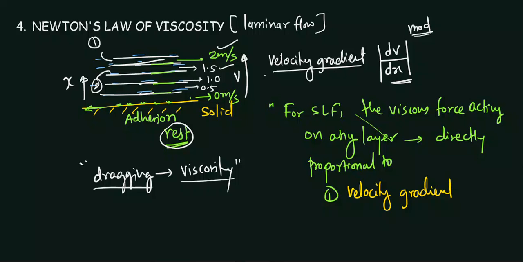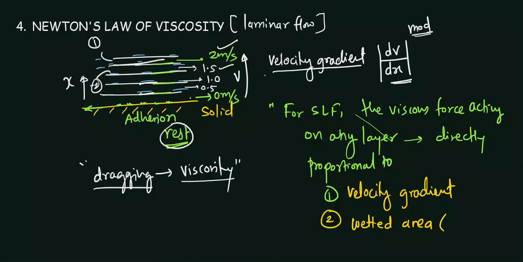Actually, that force is the reason the velocity gradient is there, but we are simply establishing a proportionality here, that whatever the force is acting here simply shows the velocity gradient. It is directly proportional to the velocity gradient, and also it depends on the wetted area.